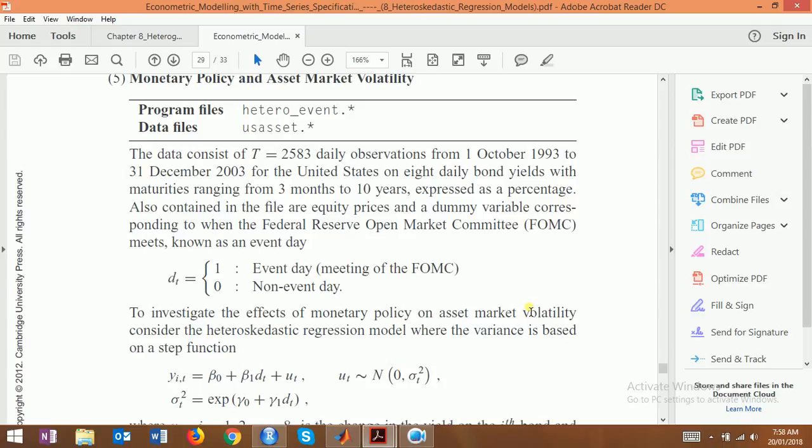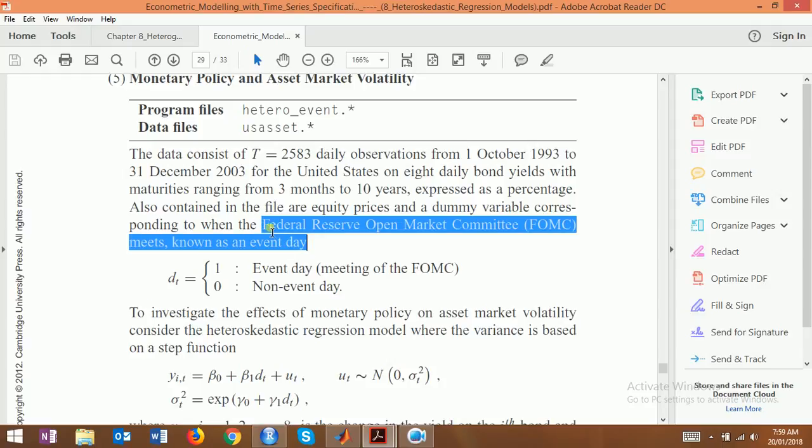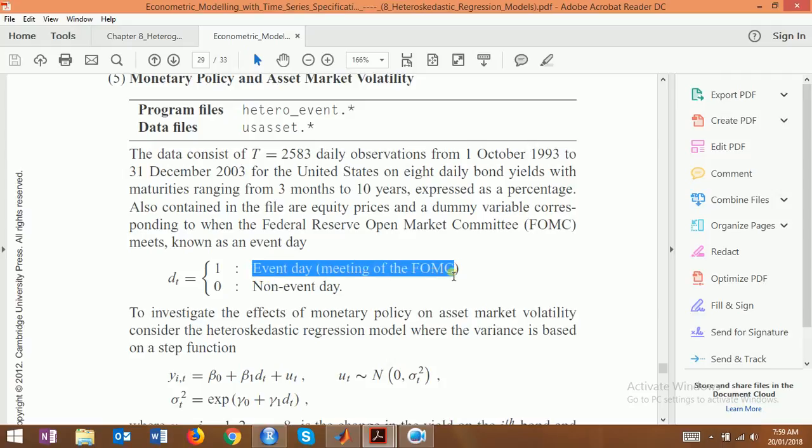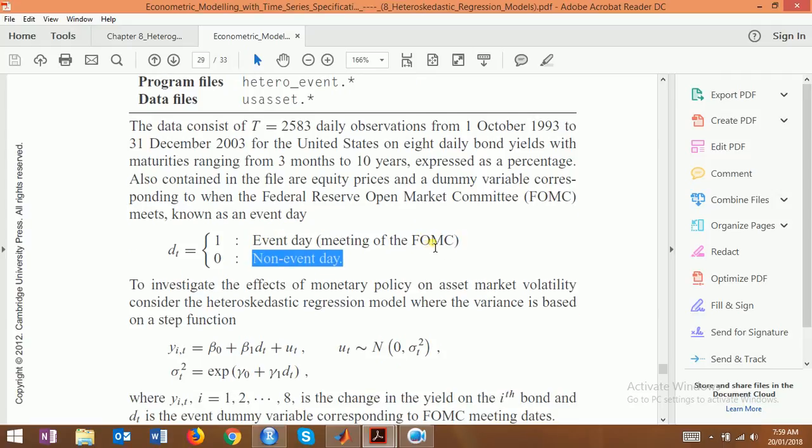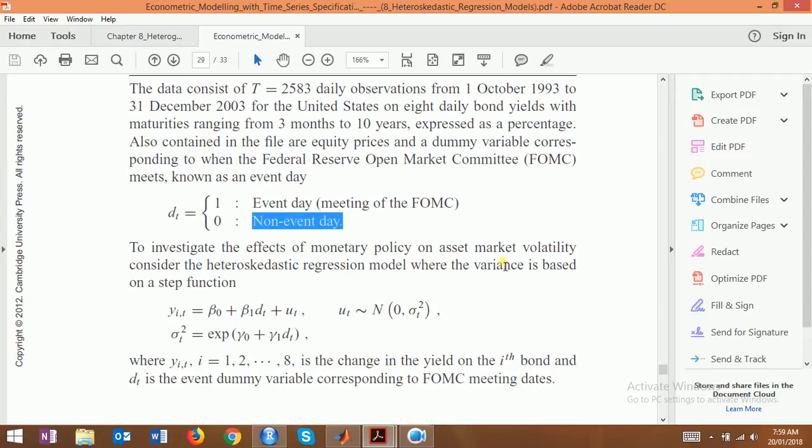So we have 8 bonds where maturities range from 3 months to 10 years, and they are expressed as percentages. Also contained in the file are equity prices and dummy variables corresponding to Federal Reserve Open Market Committee meetings, which are the event days. When the meetings happen, they are the event days. So event day when there is a meeting, non-event day when there is not a meeting, to investigate the effect on asset price market volatility.